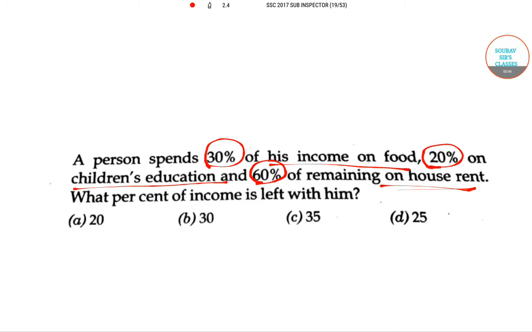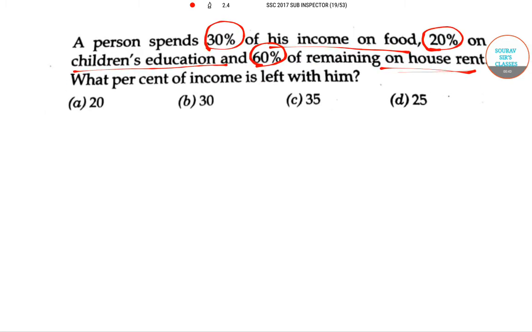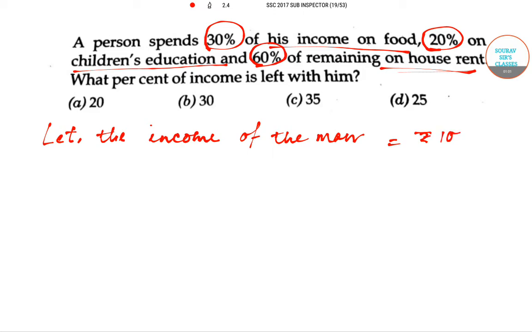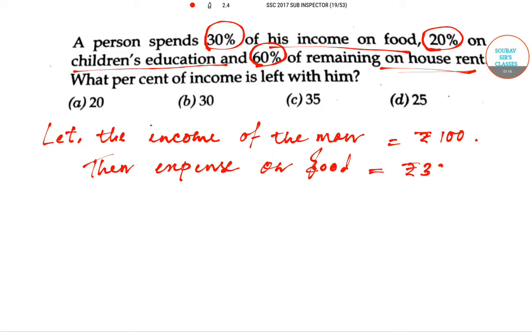So now let's start. Okay, let the income of the man be rupees 100. Then the expense on food is equal to rupees 30, because it's given that 30% he spends on food.